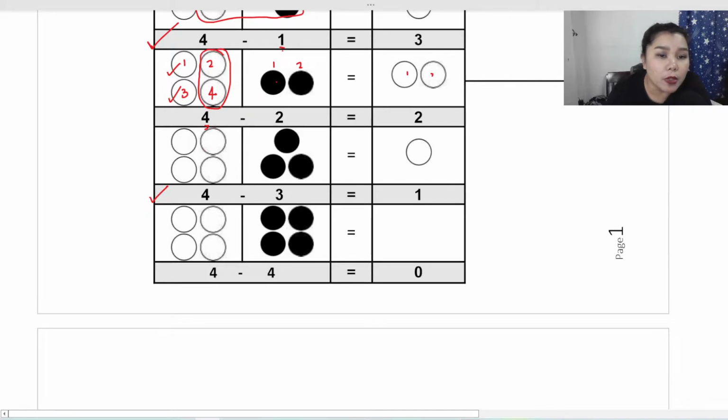So I'm going to encircle these so that we will not include them anymore. We have 3 white chips to be partnered with 3 black chips. And what is outside the circle? These are the remaining white chips. So we have only 1. That's why the answer is 1, for 4 minus 3 equals 1.